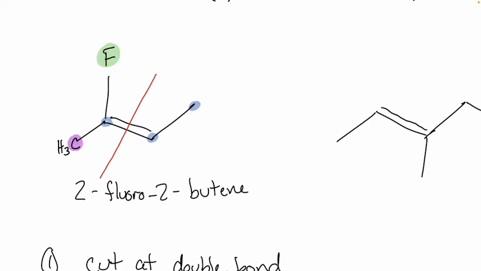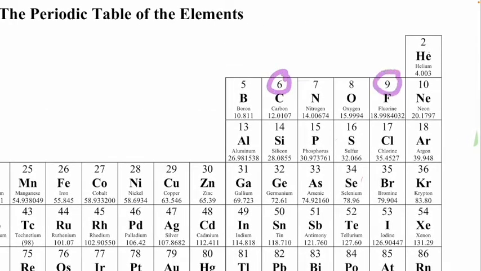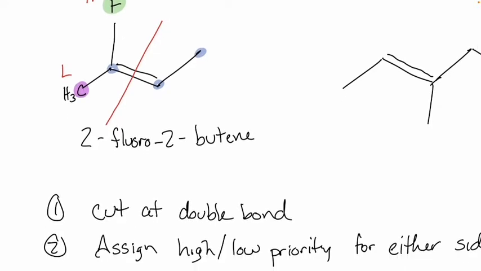Let's convince ourselves that fluorine is indeed a higher atomic number than carbon. We're going to look at the atomic numbers of carbon compared to fluorine. Fluorine has the higher atomic number, so it's the higher priority group. So I'm going to go back to my example here. That means that this is my high priority group, and this is my low priority group.